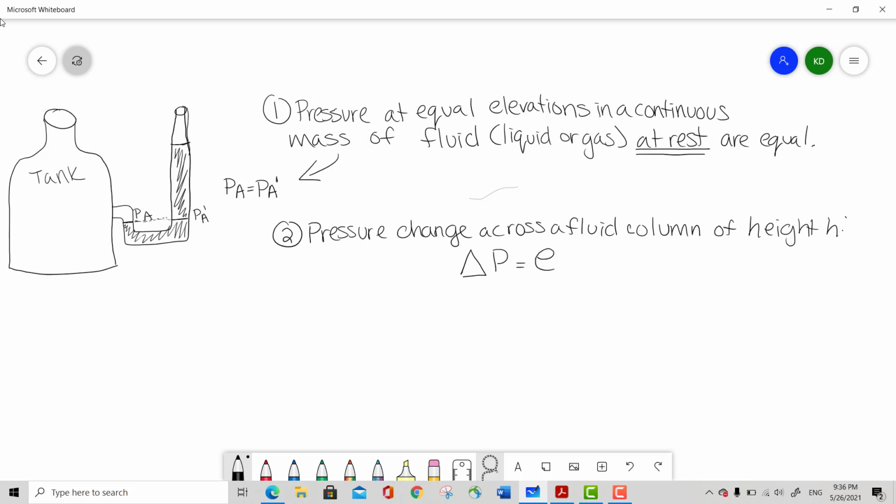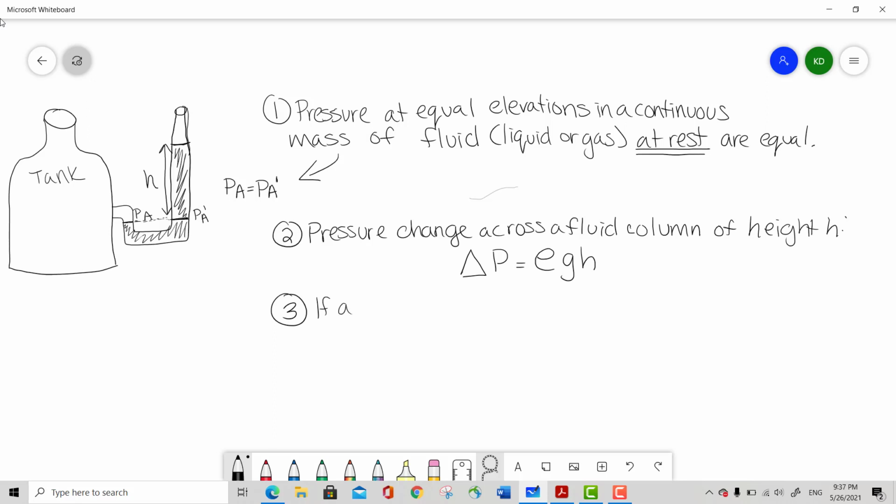There it is. Delta P equals density times g times h. So this is the height. What does this mean? This is our h, and it is the change in pressure from here to here.